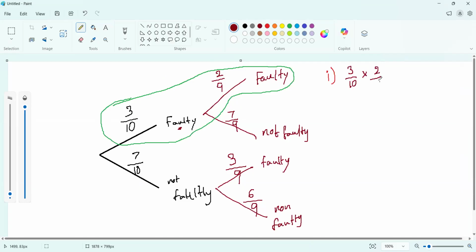Second one also faulty, 2 out of 9. Any cancellation? Yes. 2 and 10 gives 1 and 5, 3 and 9 gives 1 and 3. So you can multiply 1 into 1, 1. 3 into 5, 15. So both faulty has less probability: 1 over 15. Clear? Both are faulty, 1 over 15.